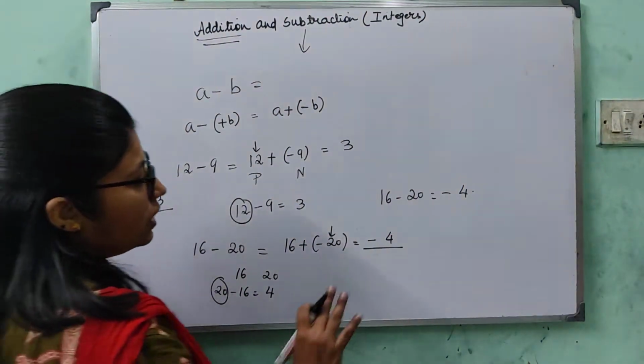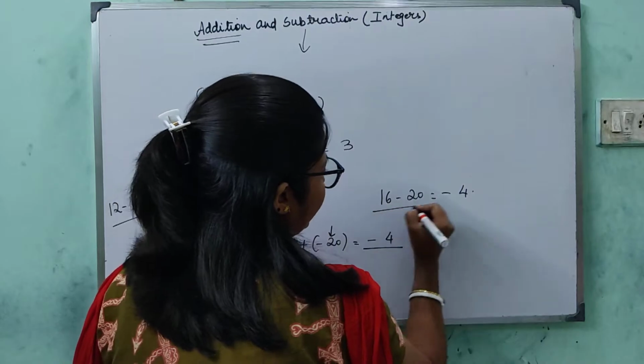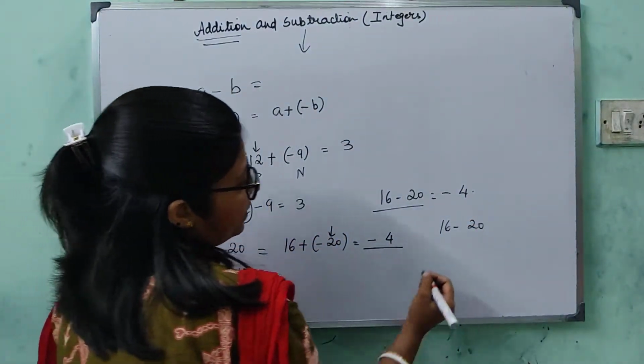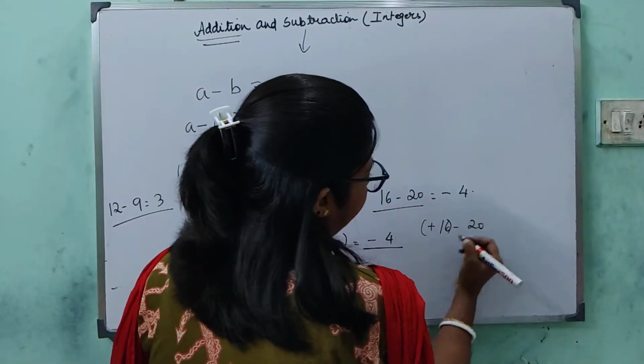Alright, clear? In a much shorter way you can do it. If it is given like this, 20 minus 16 or 16 minus 20, this is plus 16 and minus 20.